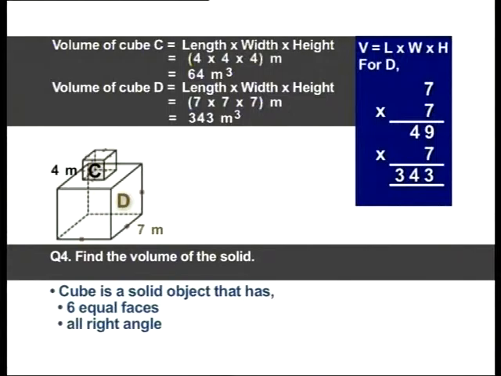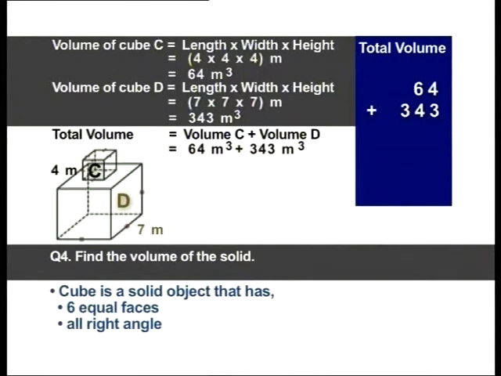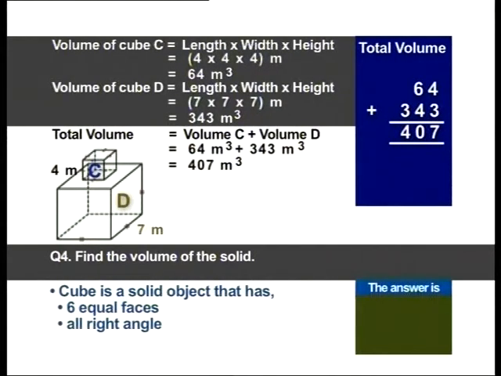The volume of cube D is 343 meter cubic. Let's add up the volume of cube C and the volume of cube D to get the total volume. 64 meter cubic plus 343 meter cubic equals 407 meter cubic. The answer is 407 meter cubic.